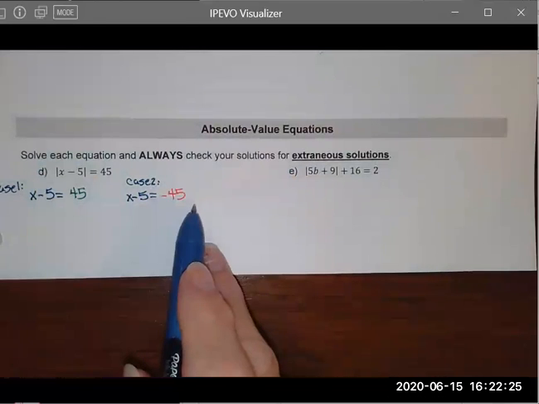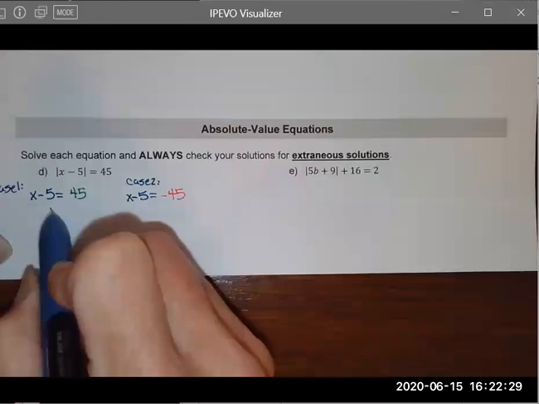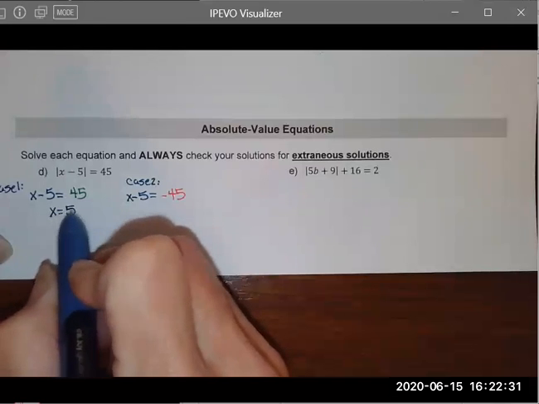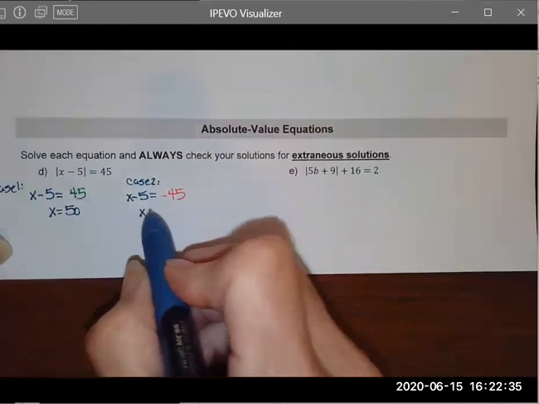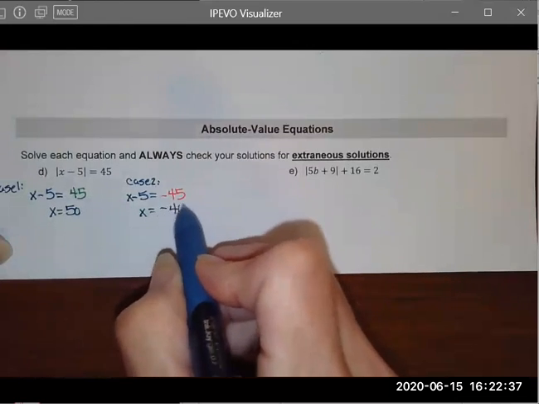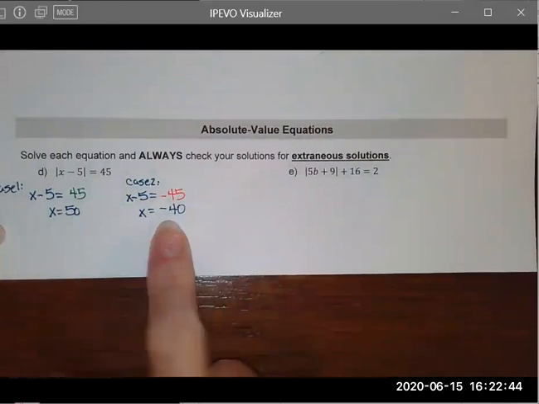From here, we solve each equation independently. I add 5 to both sides, I get x equals 50. I add 5 to both sides, and I end up with x equals -40, a simple one-step equation. So those are my 2 solutions.